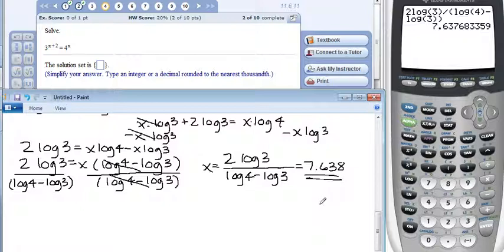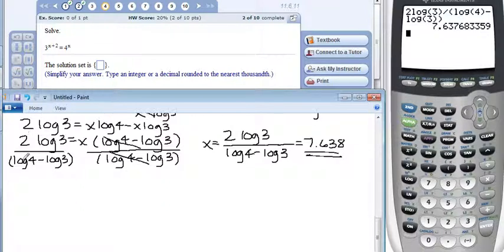All right. Well, let's check it. 3 to the 7.638 plus 2 power should be the same as 4 to the 7.638 power, or at least fairly close to each other, right?